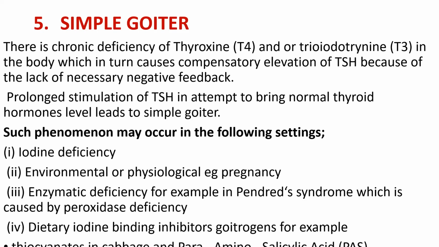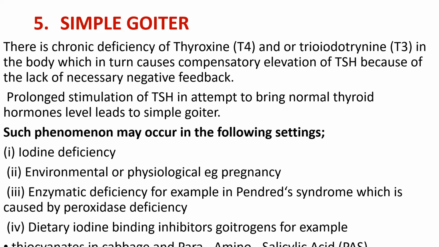So this phenomenon can be seen in conditions like where there is iodine deficiency, when there are environmental or physiological conditions, like for instance in pregnancy, when there is enzymatic deficiency disease like Pendred's disease, those who are having peroxidase deficiency, when there is dietary iodine deficiency inhibitor, we call it goitrogens.